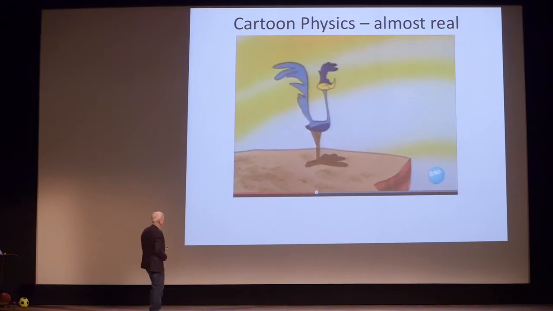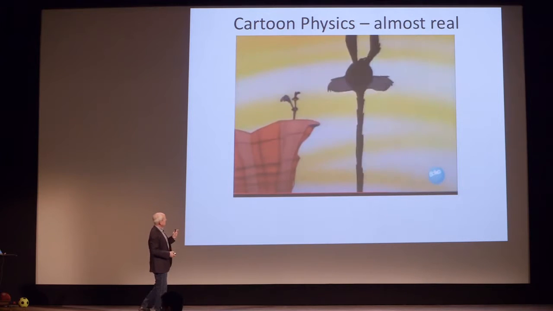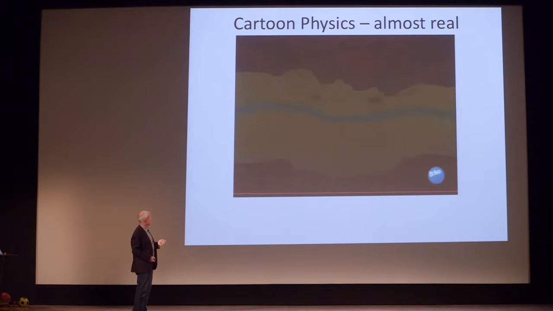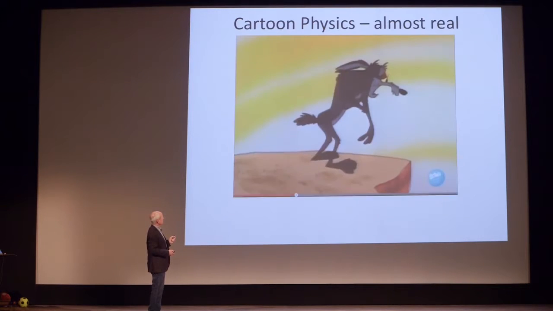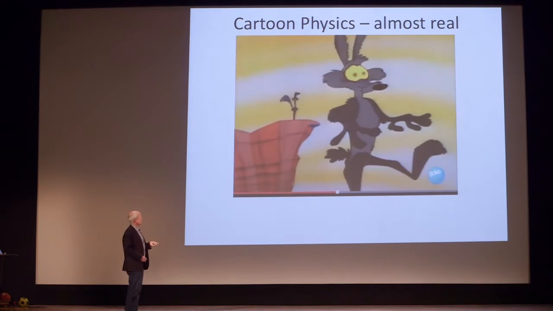Okay, cartoon physics. What we learned in the introductory little clip from the Sloan Foundation was that cartoon physics is not real, but it's almost real. And what's real about this?